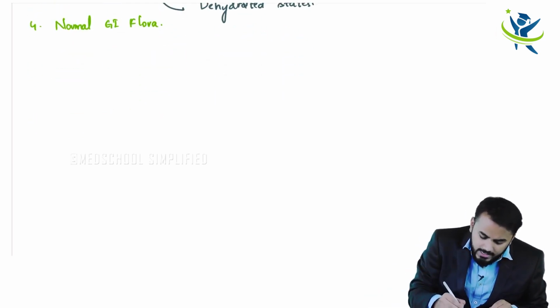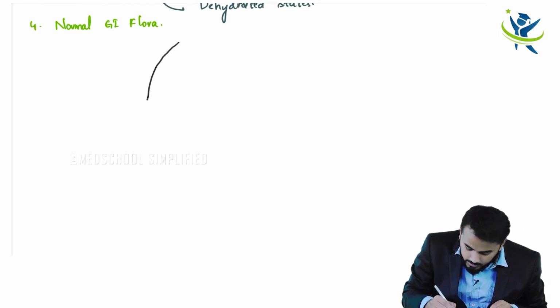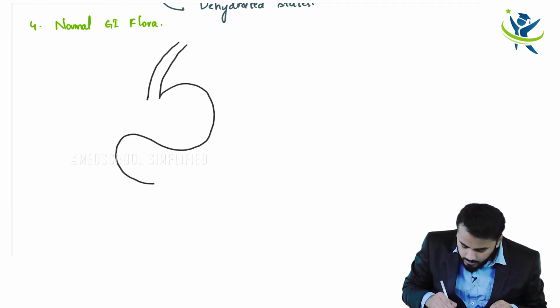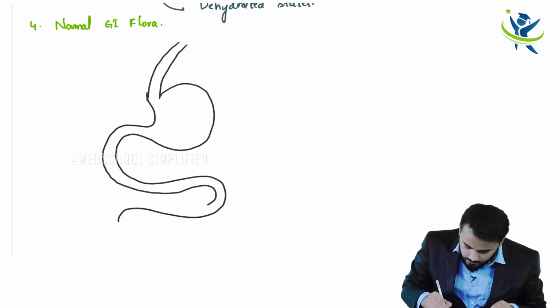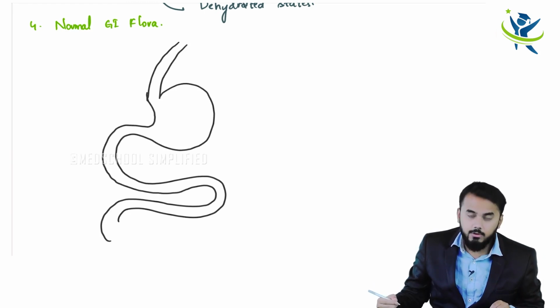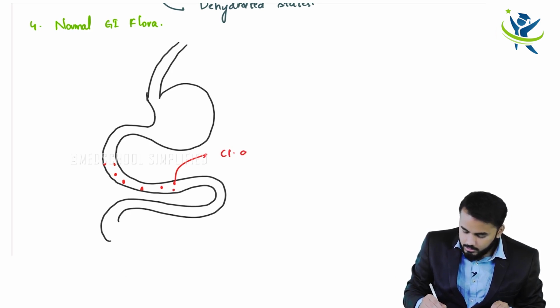So, what I exactly try to tell you is that, for example, this is your esophagus, stomach, and let us say this is your entire intestine. This is your intestine over here, right? Here you see there are Clostridium difficile bacteria like this.